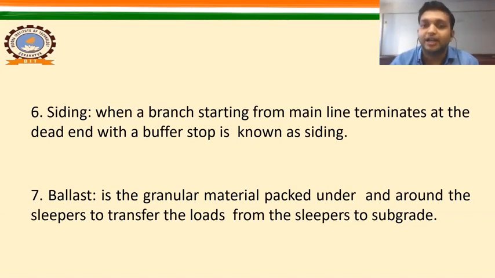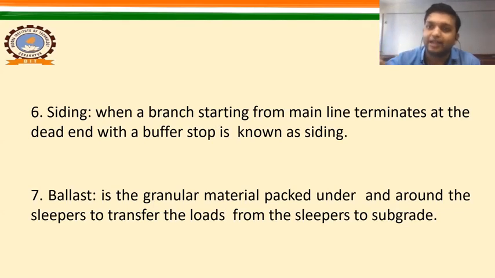And what is ballast? Ballast is a granular material packed under and around the sleepers to transfer the load from the sleepers to the subgrade. The role of ballast is that you can see small pebbles whenever you travel by train, across the sleepers.